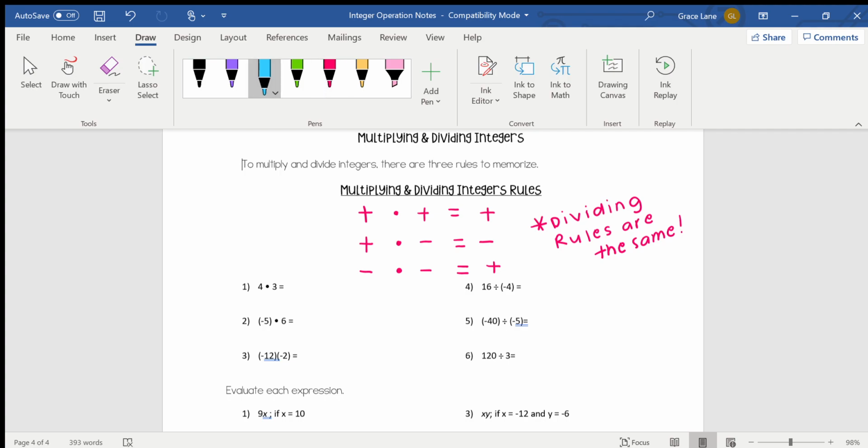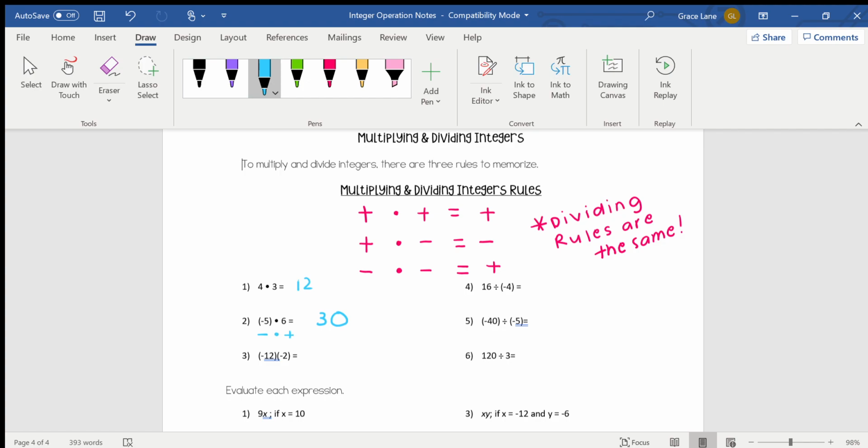And so now we are going to apply these rules. Number 1 says 4 times 3. That's two positive numbers. Two positives make a positive, so it's just 12. Number 2, though, negative 5 times negative 6. So you do 5 times 6 like normal. 5 times 6 is 30. And if you look, you have a negative times a positive.